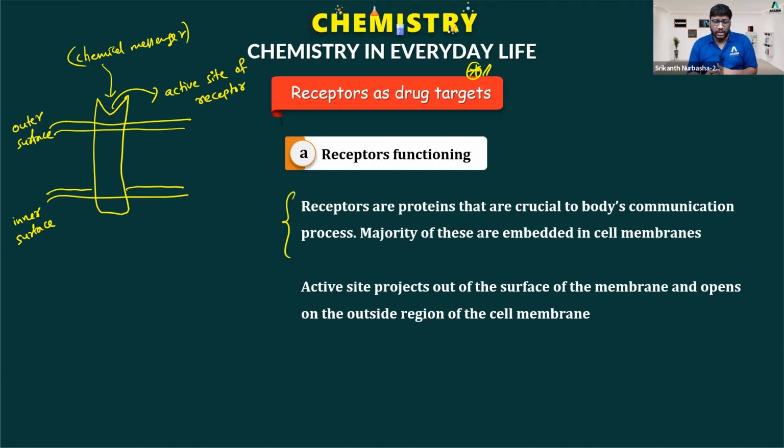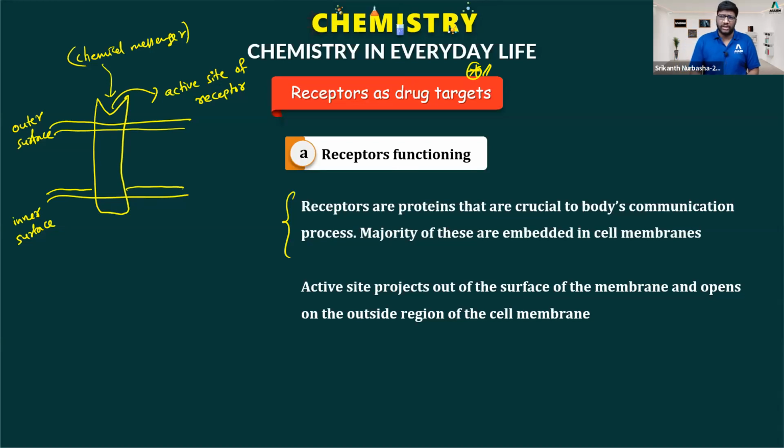Yes or no? That means in that particular body part the message is not transferred. The message is not transferred to that particular cell. That means the chemical messengers are not going and binding to the receptors. Rather, there are some drugs which stop these chemical messengers from going and binding.